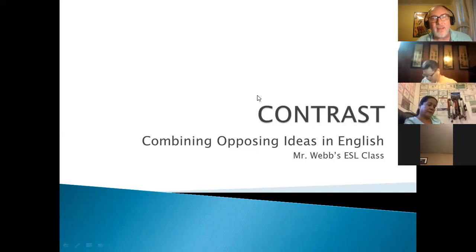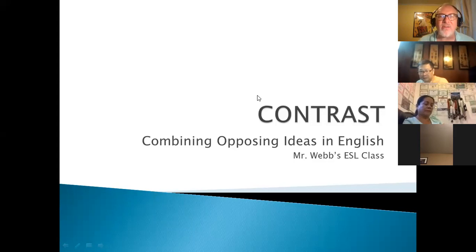But if we have a contrast, it would be the opposite of what you expect. It was raining, but I went outside anyway, right? That's an example of a contrast where something happens that's a little bit of a surprise, a little bit unexpected. When the result is unexpected, we have what we call a contrast.